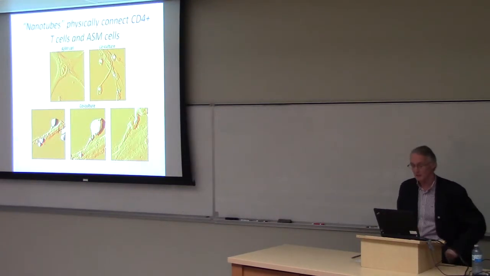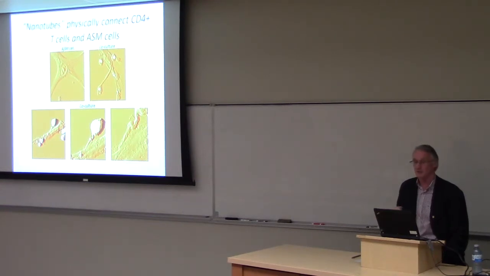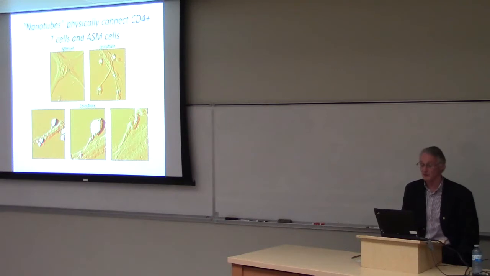So we had a look at these structures in a variety of ways. These are some images obtained using atomic force microscopy. Here you're touching the cell and creating an image of it with the atomic force microscope. This is a smooth muscle cell in culture, and these are T cells that have been placed in culture with the muscle.